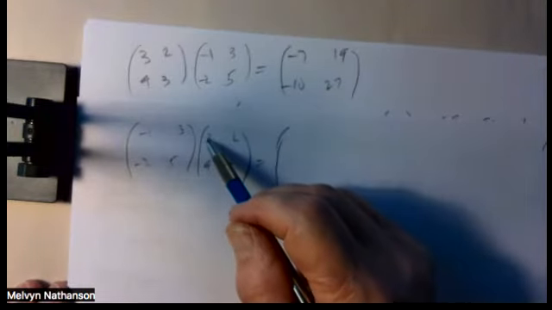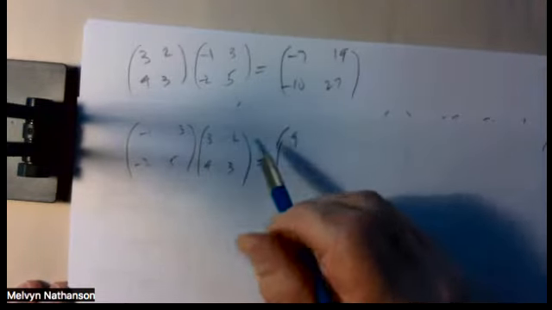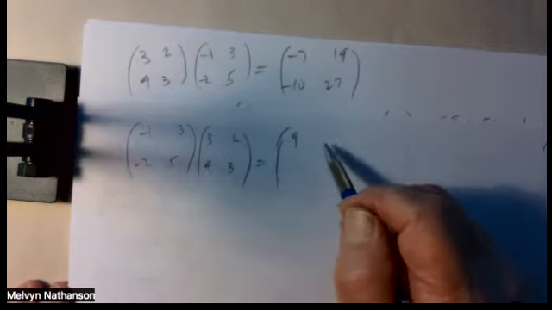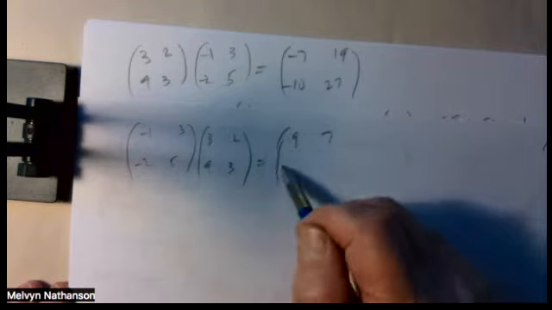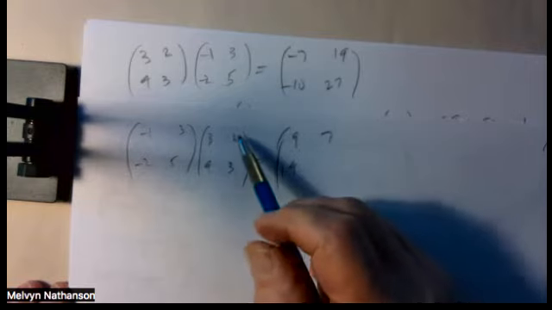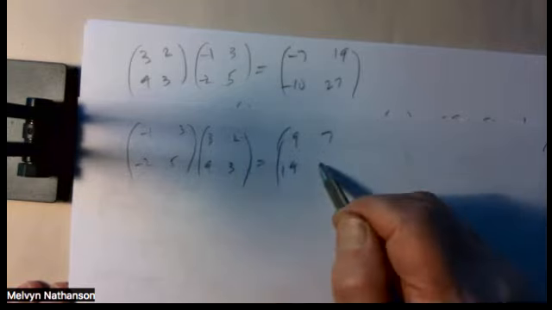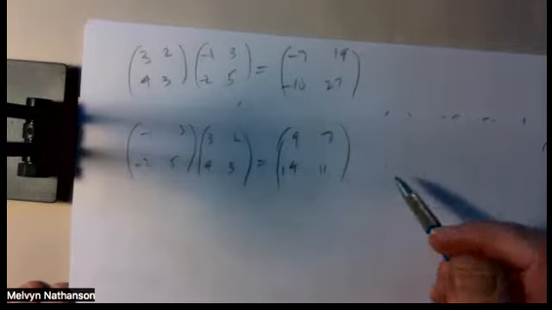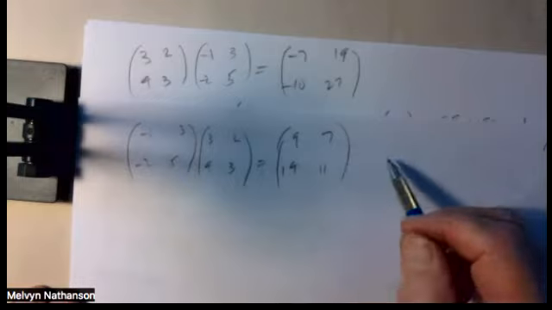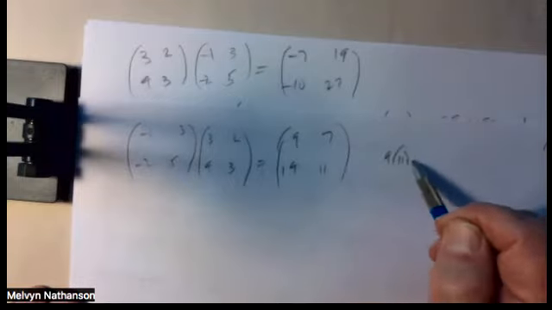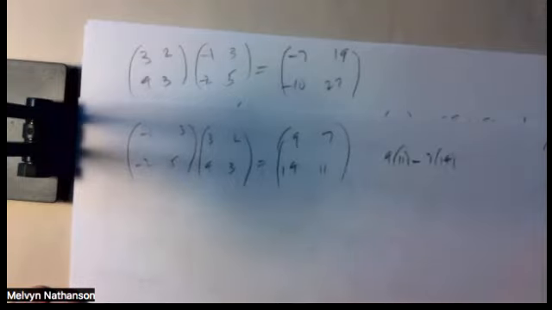I get minus 3 plus 12 is 9, minus 2 plus 9 is 7, minus 6 plus 20 is 14, minus 4 plus 15 is 11. And by the way, you can check the determinant: 9 times 11 minus 7 times 14 is 99 minus 98, which is 1.